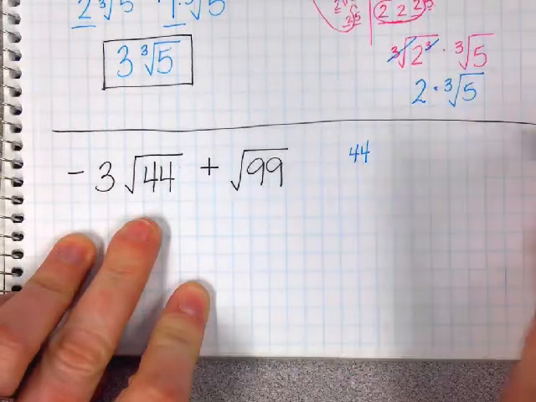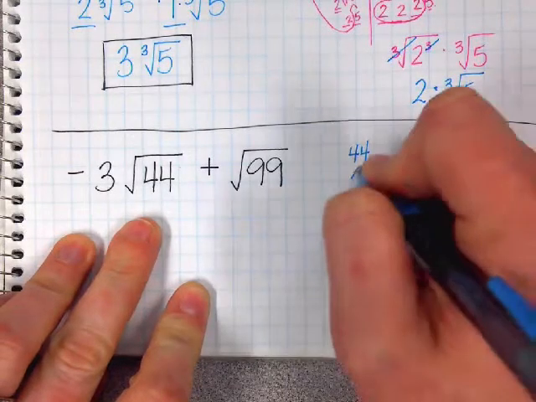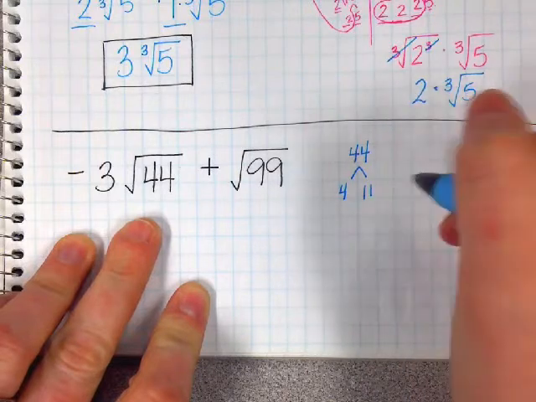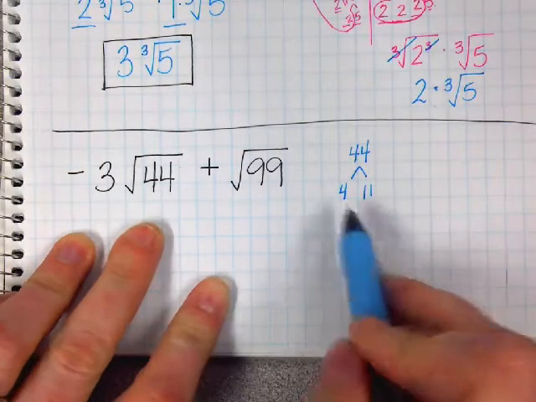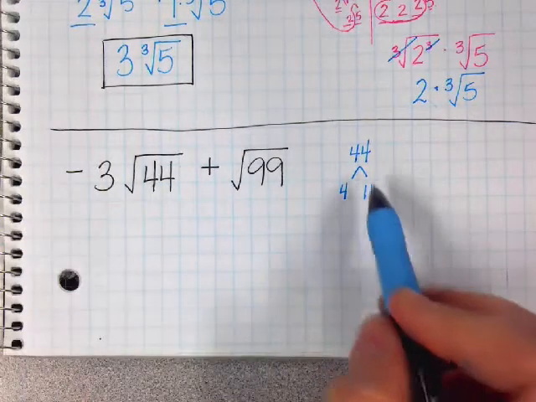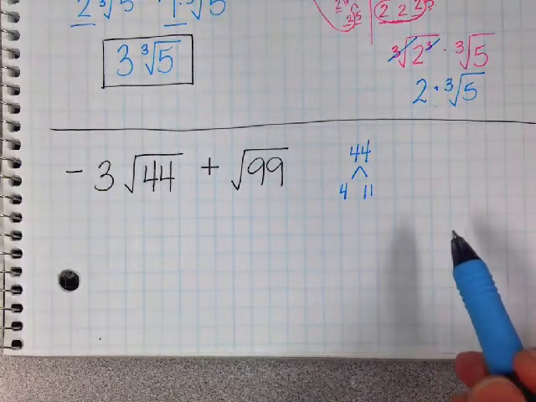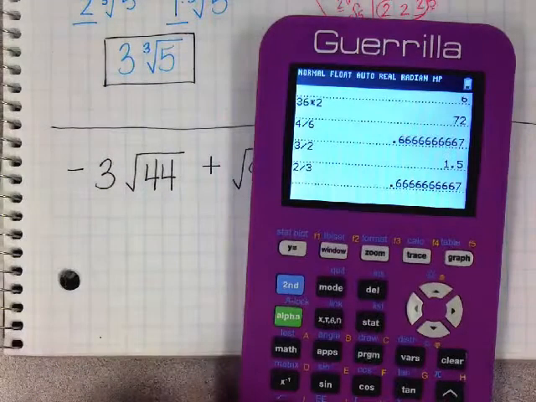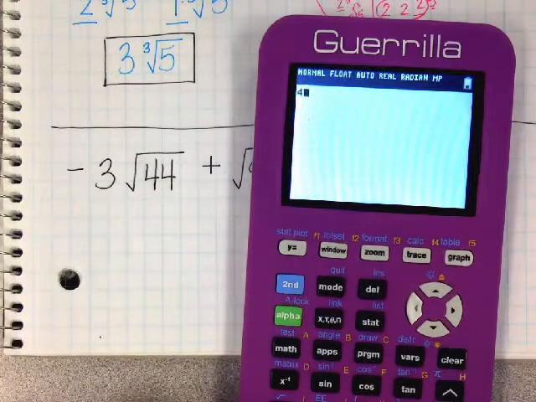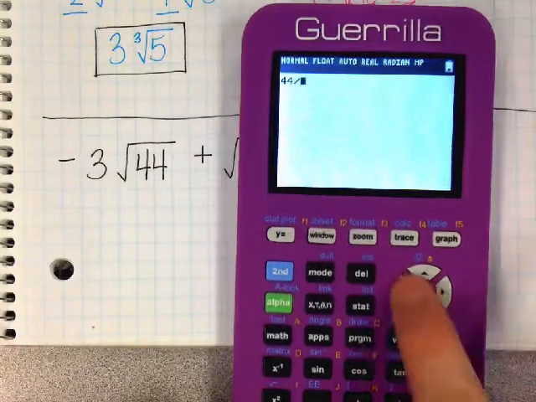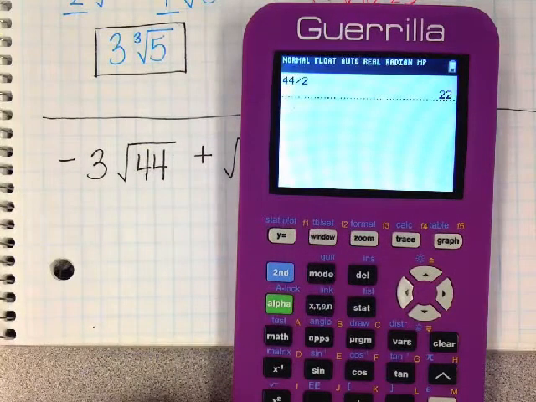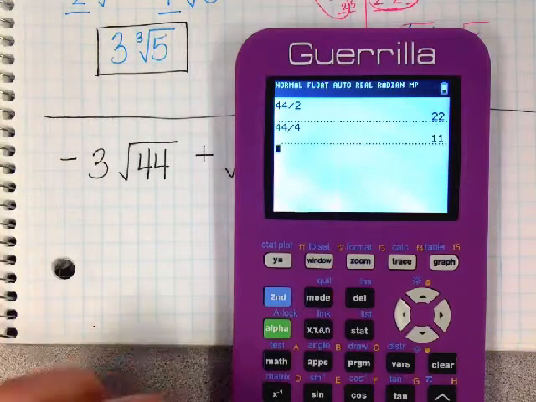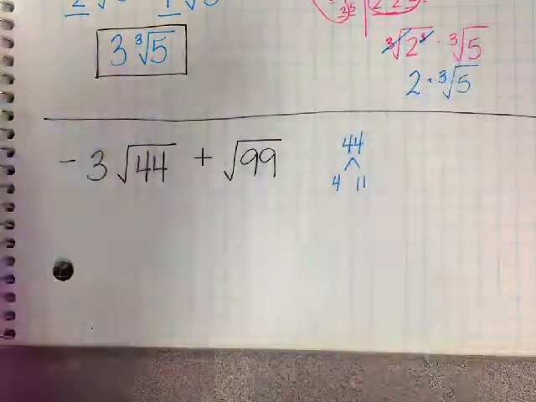So factor tree of 44, which could be 4 and 11 if you go and actually divide it. So if I had my calculator, I could take 44 divided by 2 is 22. So you could also do 2 and 22. I did 4 and 11 just because that's the one that I easily saw first.